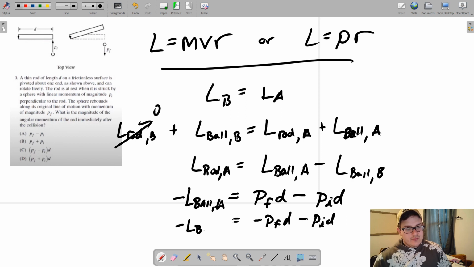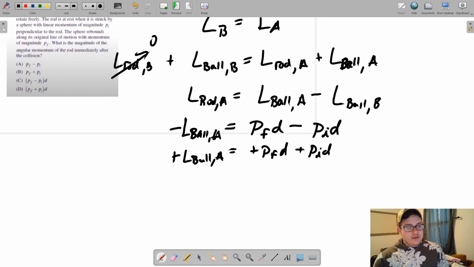You notice all my negatives disappear. I guess there was a way to do this a little more simply, but now we notice that we can factor out a distance here. So we've got P final plus P initial times d.